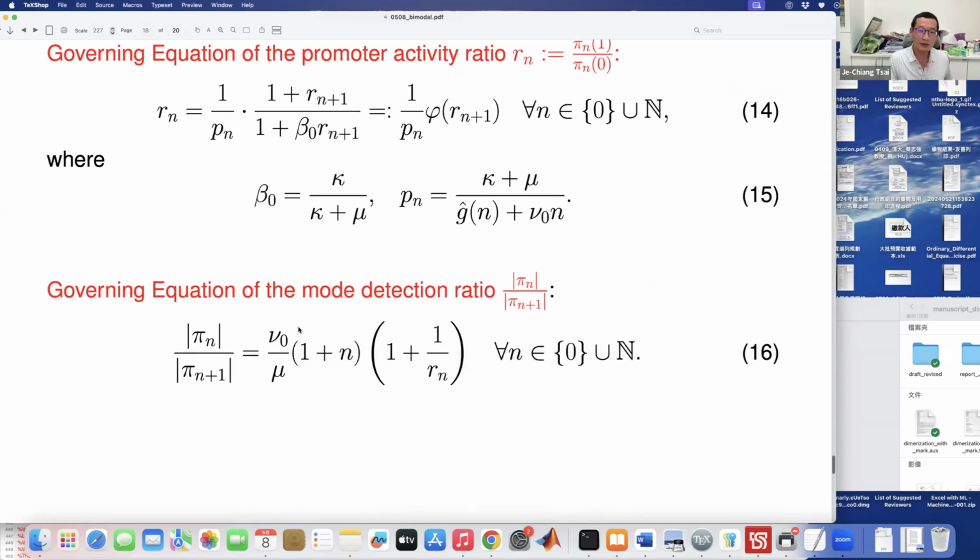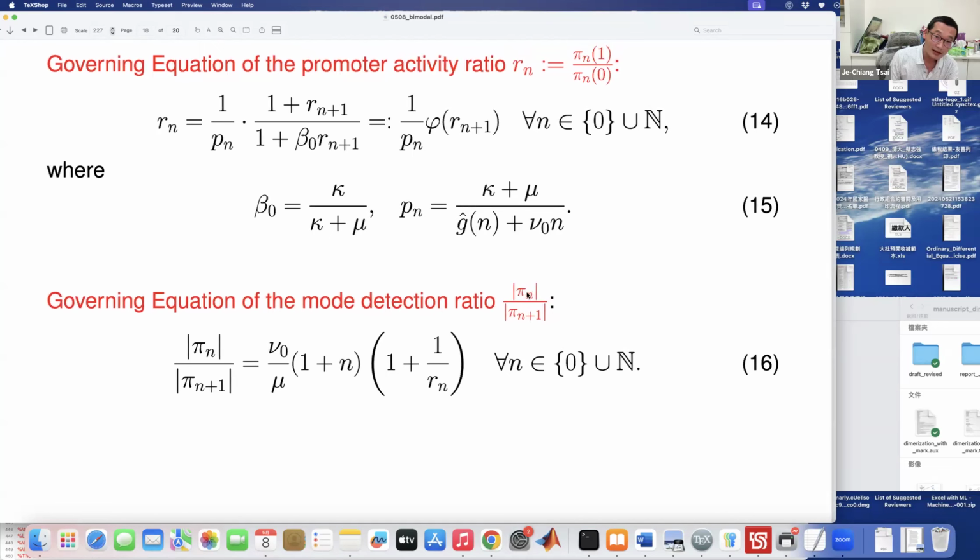And equation 16 is nice because the numerator is the probability of observing n proteins, and the denominator is the probability of observing n plus 1 proteins.